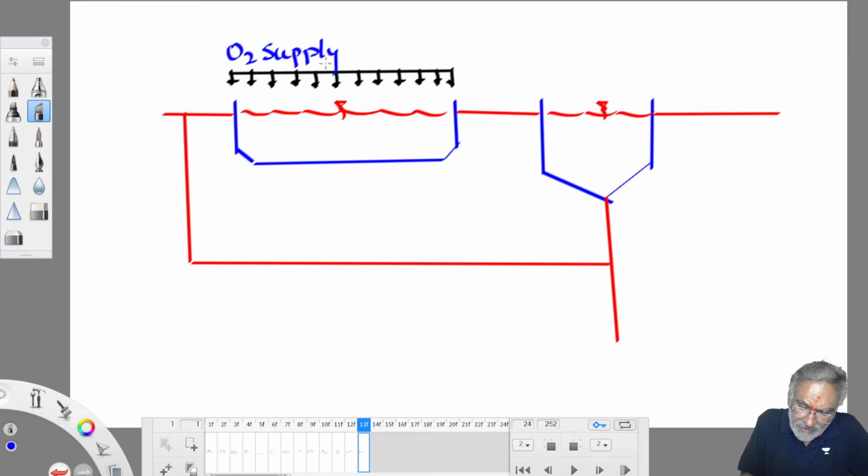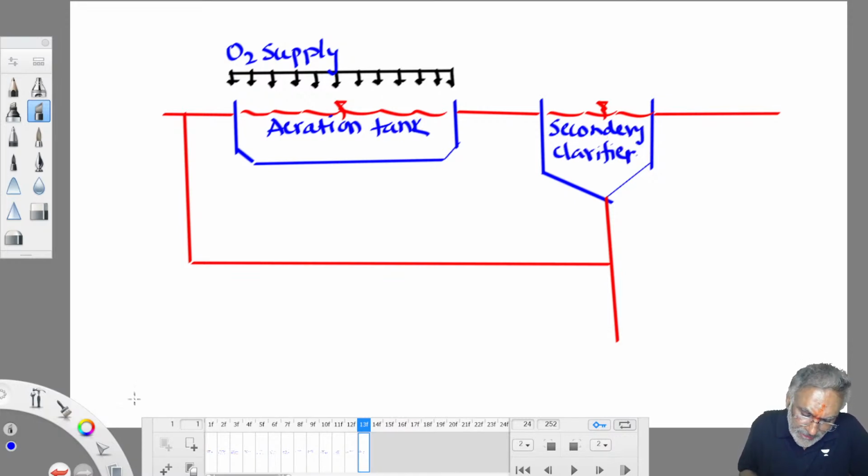Oxygen we supply. So this is the aeration tank. This one is the secondary clarifier.